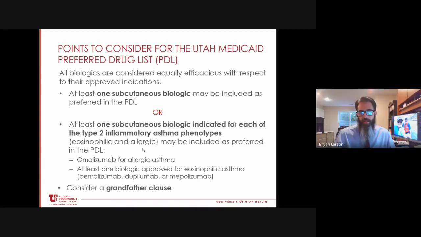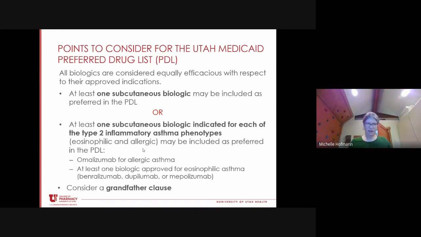Right. And for someone to use, say, dupilumab for atopic dermatitis, regardless of the placement on the PDL for asthma, it doesn't necessarily restrict that drug for an unrelated indication. And again, these are drugs that we manage with prior authorization as well. Great, thank you.